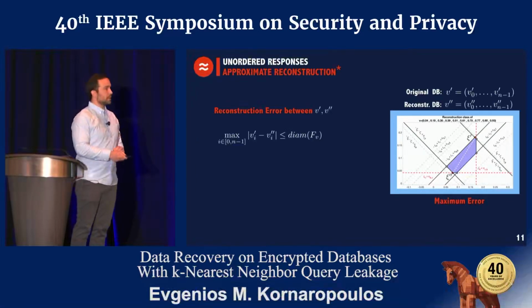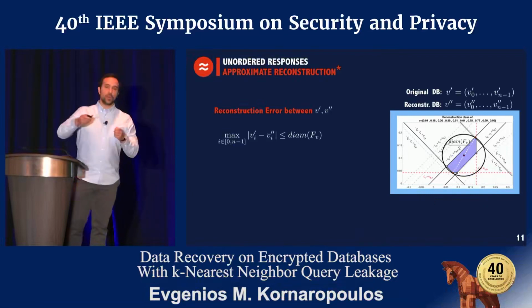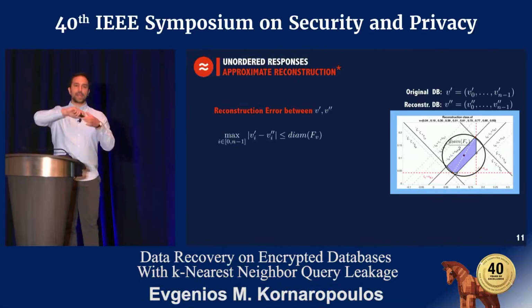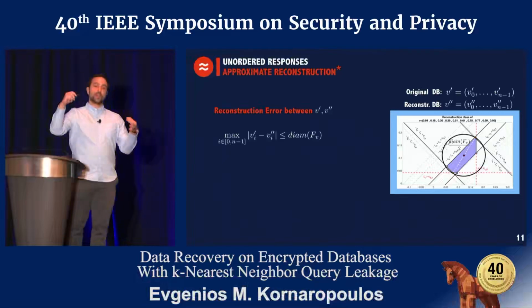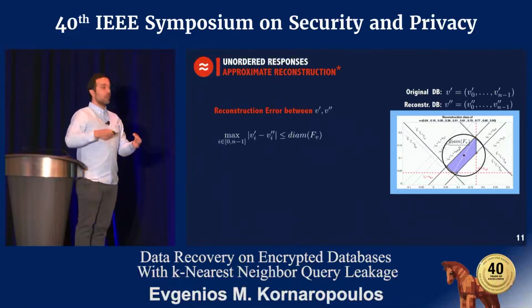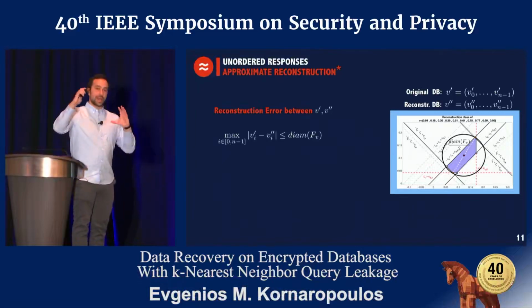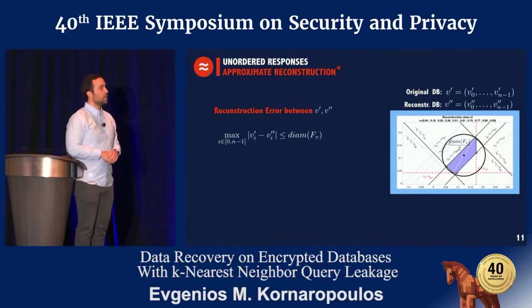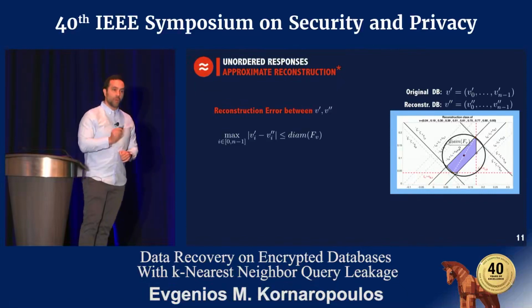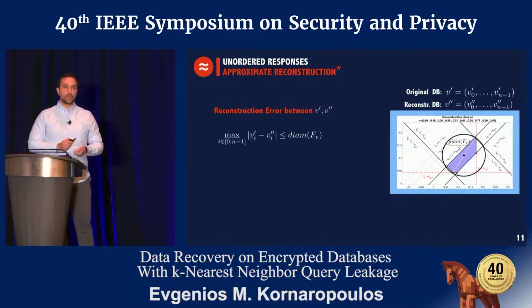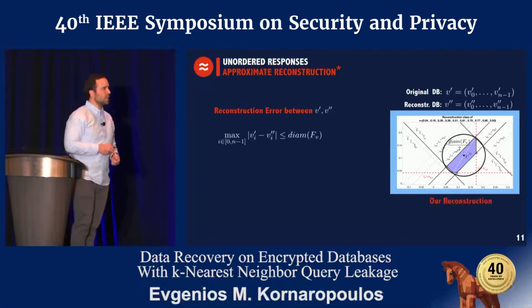But one nice property is that if you draw a circle that uses this white line as a diameter, then you have the property that all the points of the feasible region are inside the circle. Therefore, all the feasible region points are at most diameter over 2 away from the center of this circle that we just drew. And this is exactly what we return in our reconstruction attack.